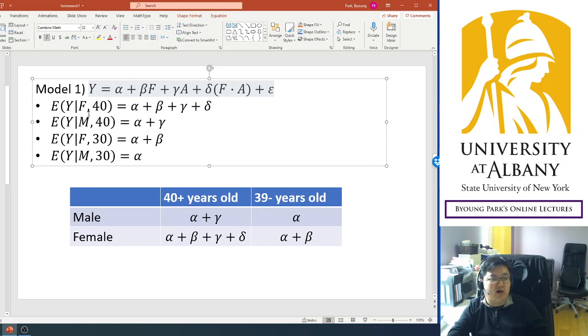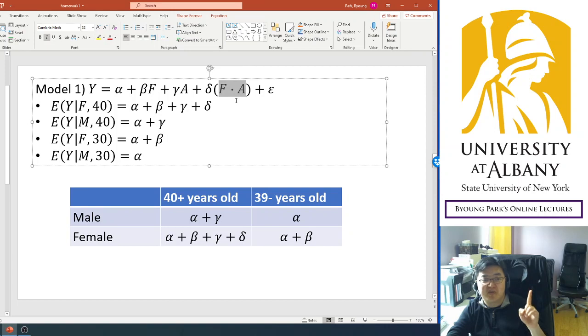Now think about the group-wise averages. Female 40 years old will have alpha, beta, gamma, delta. Everything is 1: female 1, 40 years old 1, interaction 1. All the parameters survive. The second group, man 40 years old: F is 0, A is 1, so the interaction is also 0.